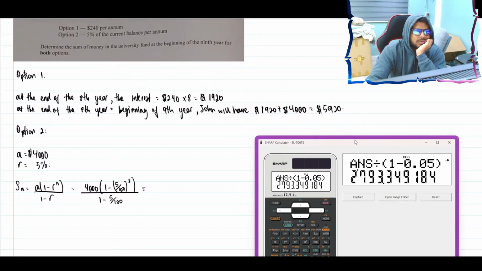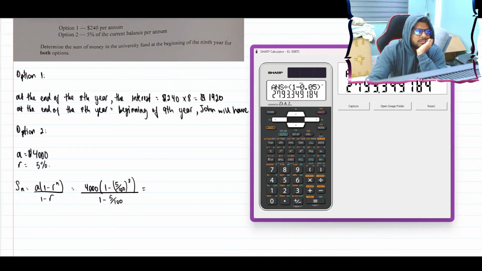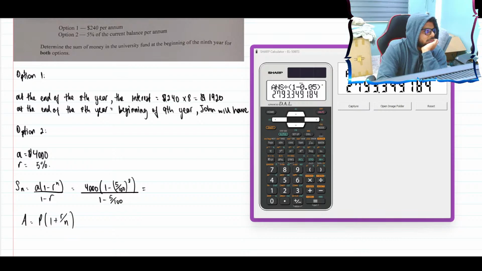No, that doesn't look right. So I more than likely need A is equal to P into 1 plus R over N to the power NT. I'm going to check something here, right?